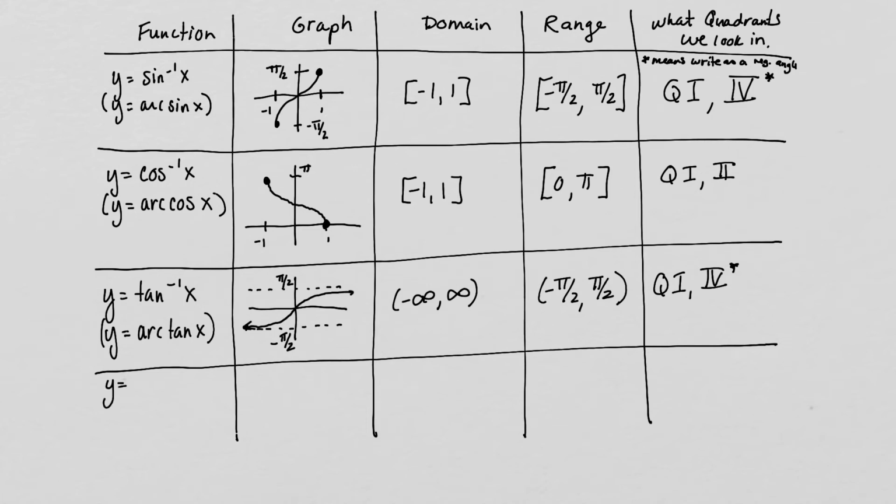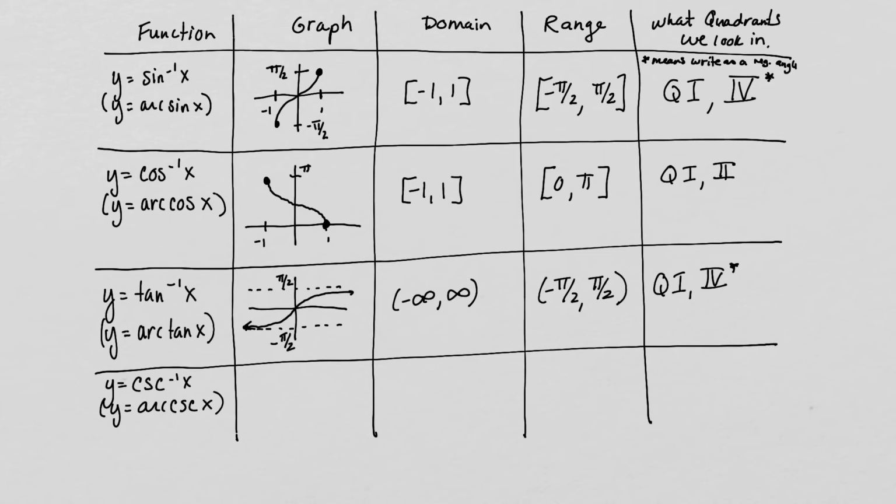So if you have y equals the inverse cosecant of x, or y equals the arc cosecant of x. Remember when we did cosecants and secants, those were the graphs that were those U's, and they kind of moved up and down. They came in pieces.